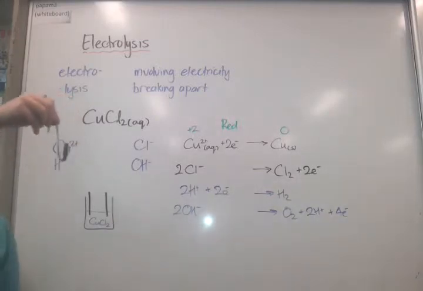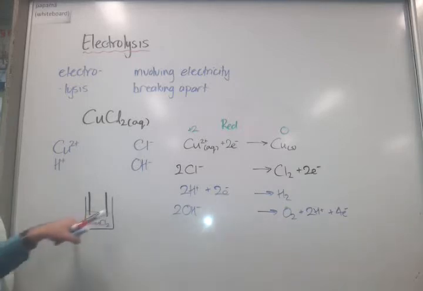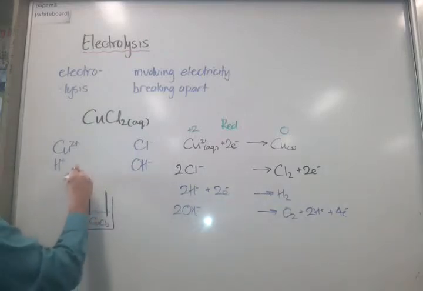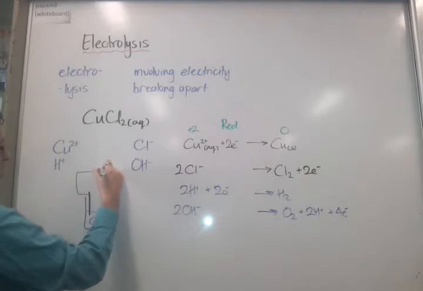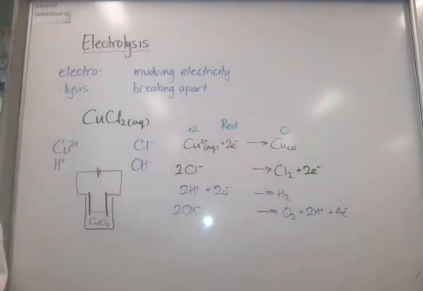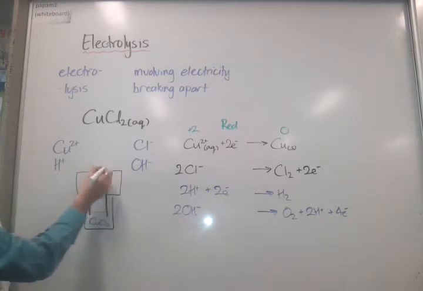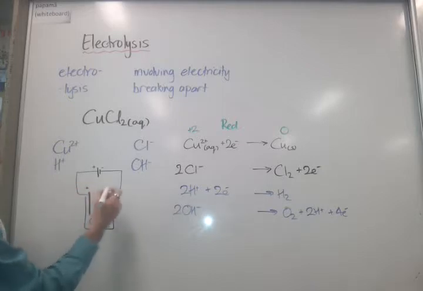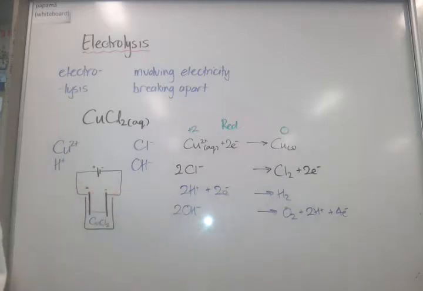Make sure they don't touch, because that kind of defeats the purpose. Because the solution itself can conduct electricity, it's ionic, that means that it completes the circuit. We then attach these to a power supply. And in case you can't remember, the big one's the plus, the little one's the minus. So that means this one will get a positive charge, and this one will get a negative charge.